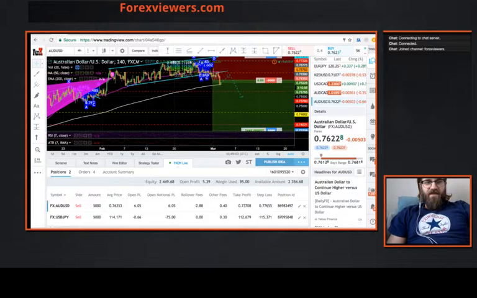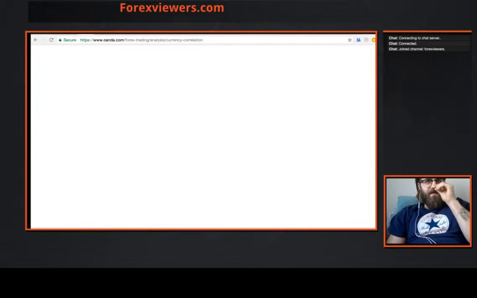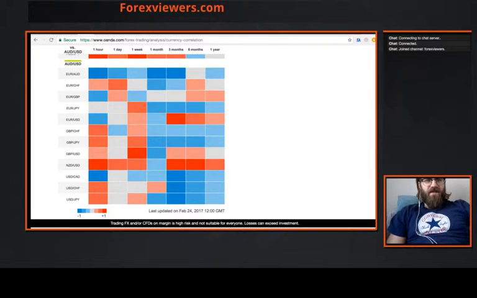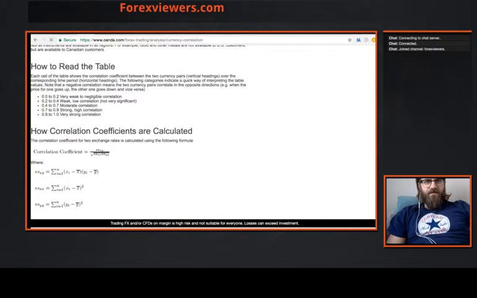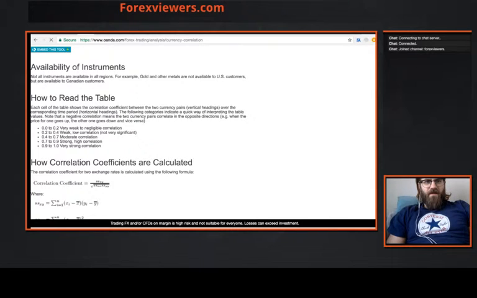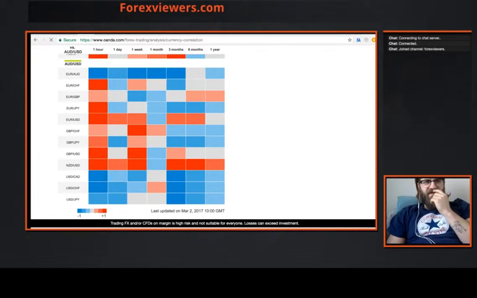You can see we are involved with 2 trades. We are short the Aussie dollar and we are short the dollar yen. I wanted to check out one thing here from the correlation standpoint, how the Aussie dollar is correlating to the dollar yen. We're going to be looking at this at a higher time frame scale, so maybe on the daily chart.